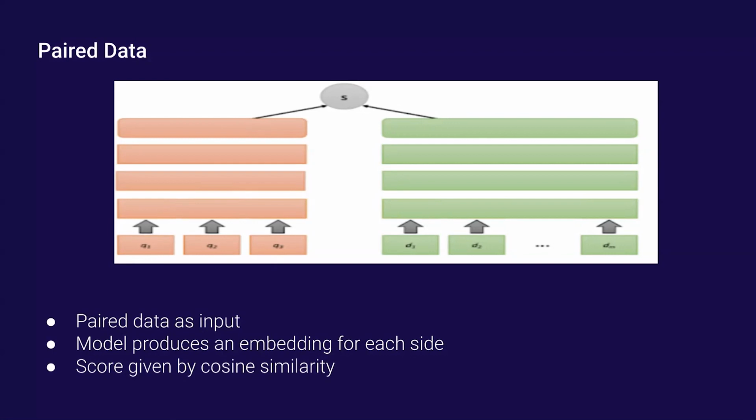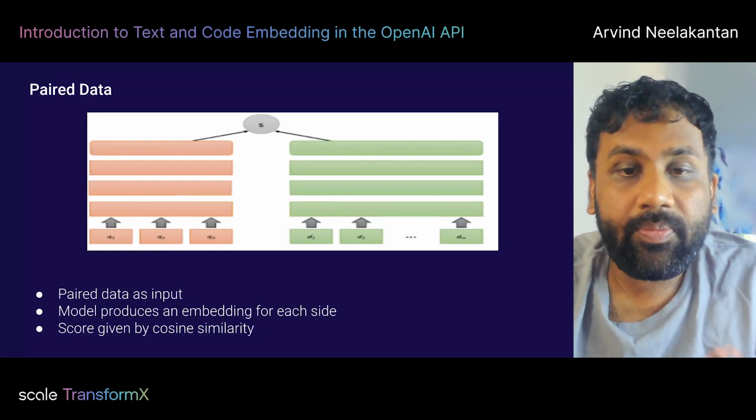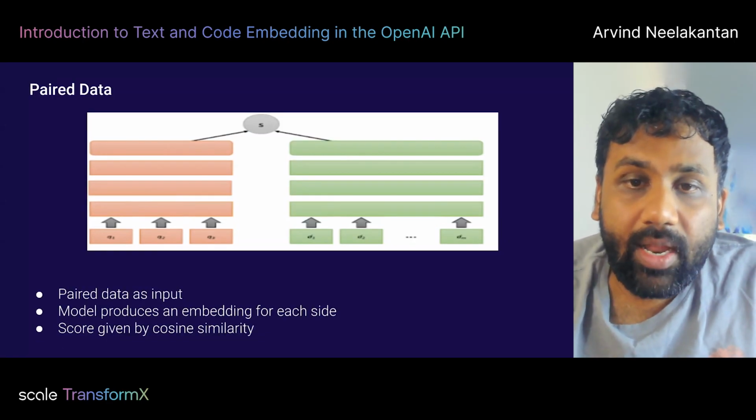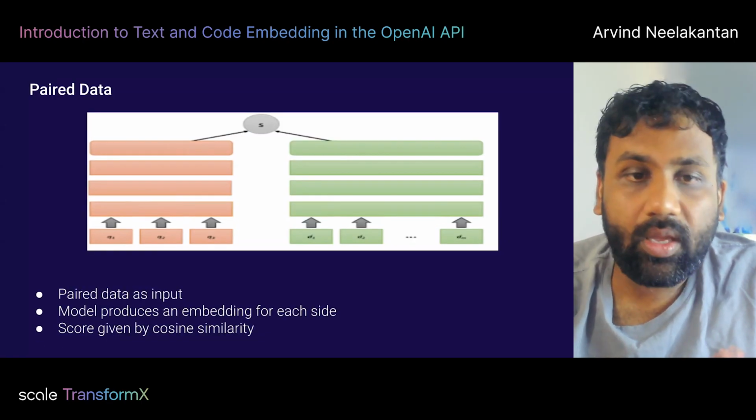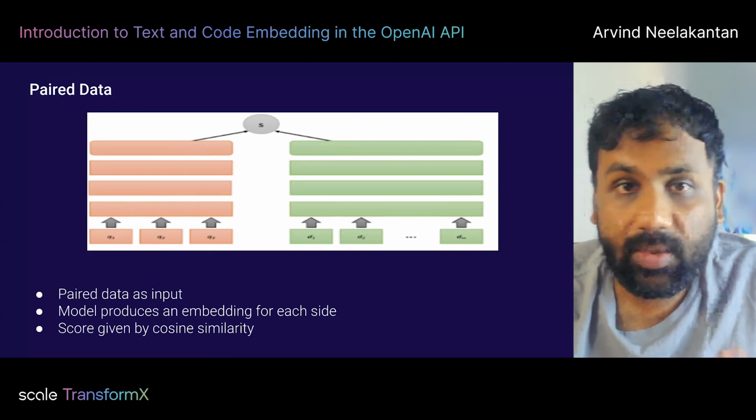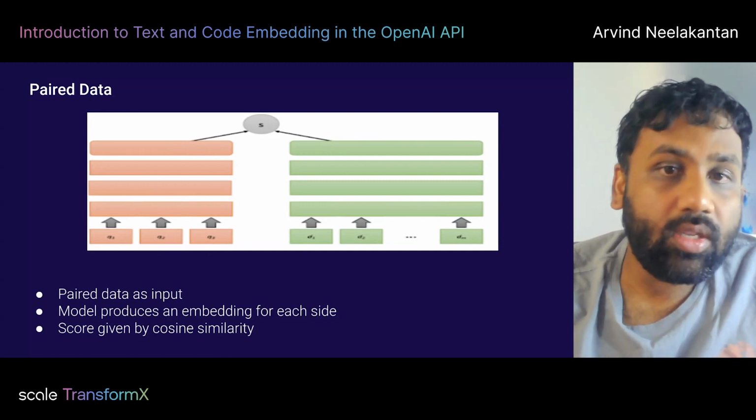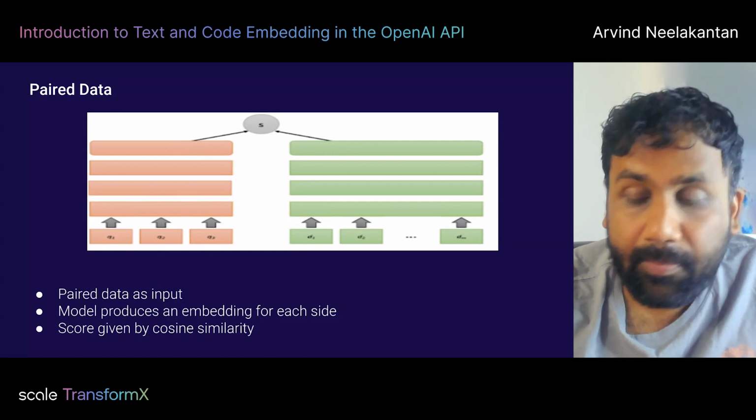So you have paired data, and then you have your embedding encoder model that produces a vector for both sides of the input. You run a few layers of your neural net, and then you get a single embedding for both sides of the input. And then the similarity function between the two inputs is given by the cosine similarity between these two vectors. So this is the high-level setup of the model.